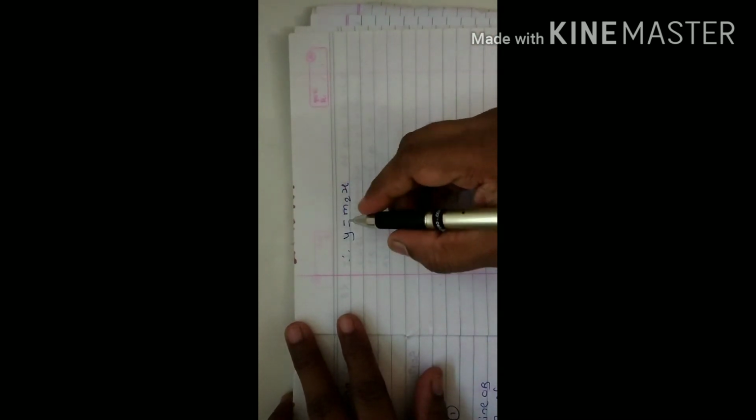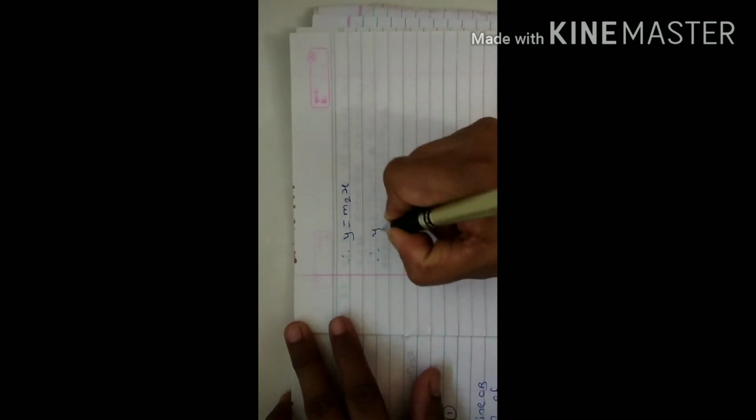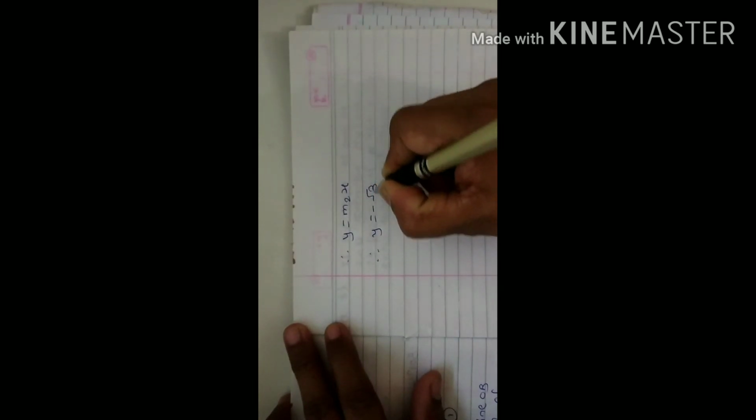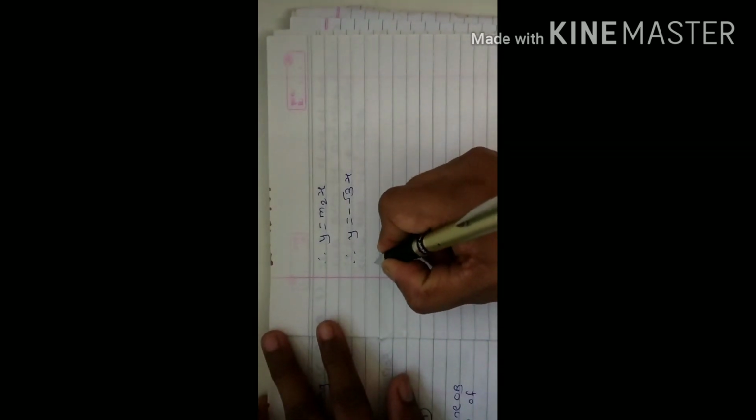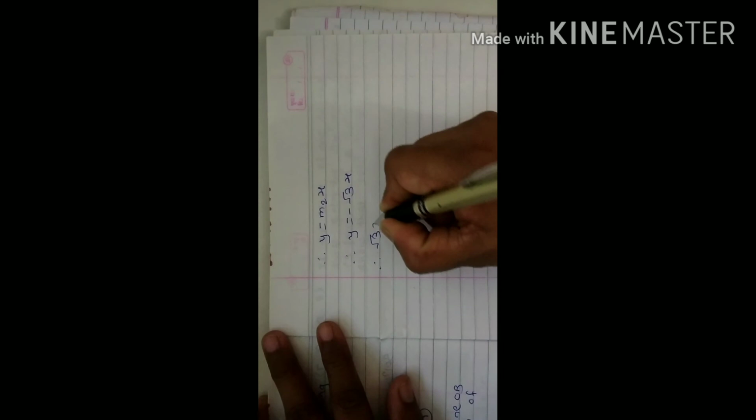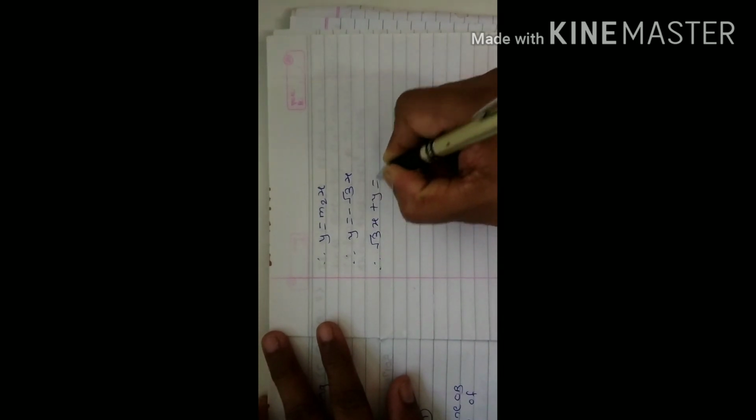In the place of m2, we get y is equal to minus root 3 into x. Therefore, root 3 into x plus y is equal to 0. This is equation number second.